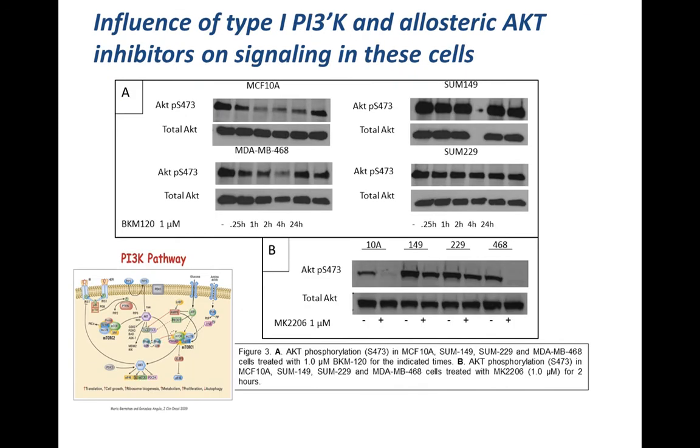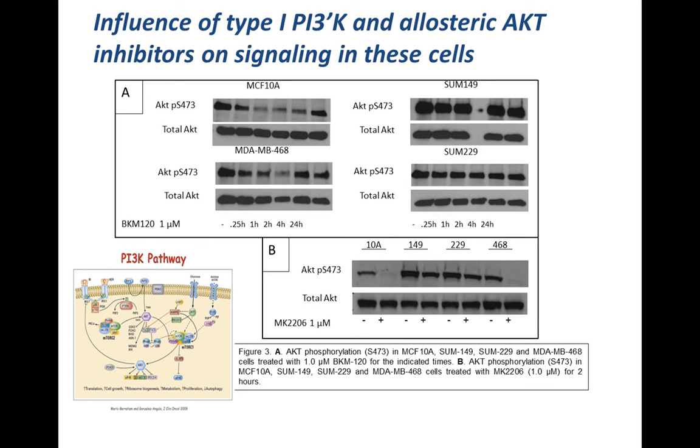So that was puzzling. So then we started working our way through the pathway. Here's a drug called BKM120. BKM120 is an inhibitor of the enzyme that does the PIP2 to PIP3 conversion. It's a very good drug. It works very effectively. When you give BKM120 to either the MCF10A cells or the 468 cells, and you look between 15, 20 minutes or 24 hours, you can see within 2 to 4 hours, these levels of AKT phosphorylation are just really dropping, just as you'd predict.